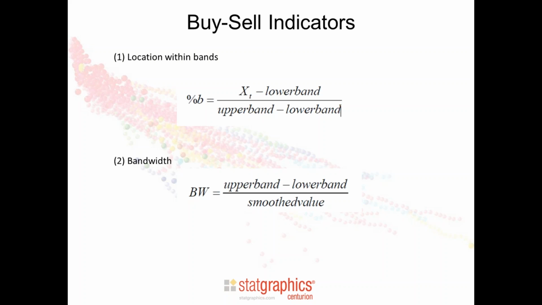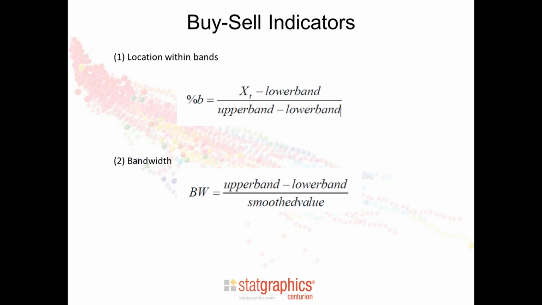Secondly, Bollinger suggested that you compute a band width. The band width is the difference between the upper band and the lower band divided by the moving average. What the bandwidth gives you is essentially a measure of volatility, and recent volatility in that particular measure.